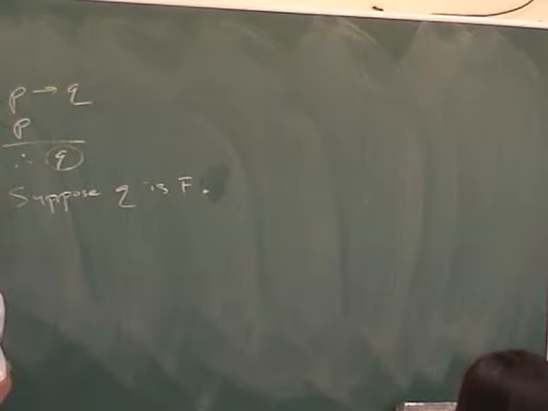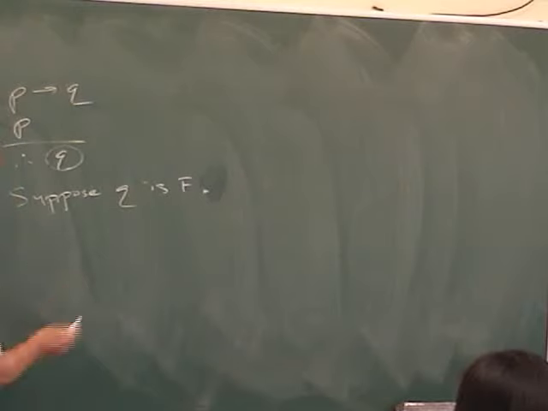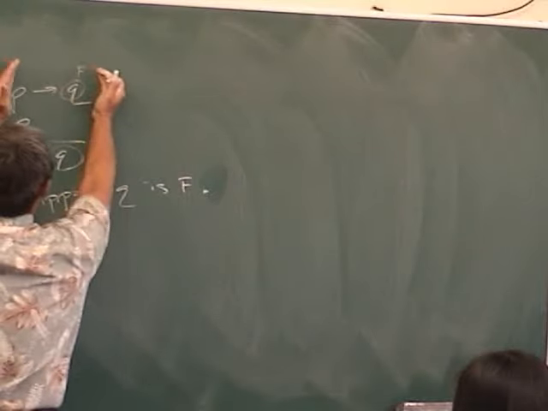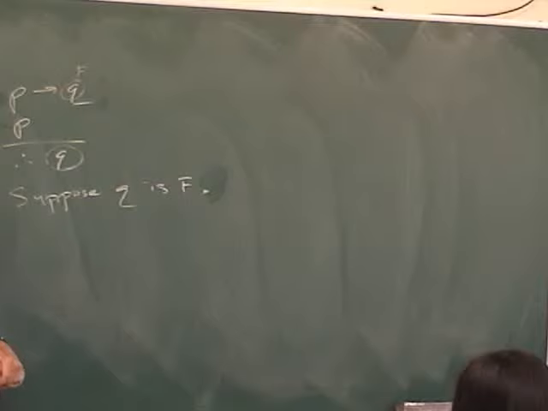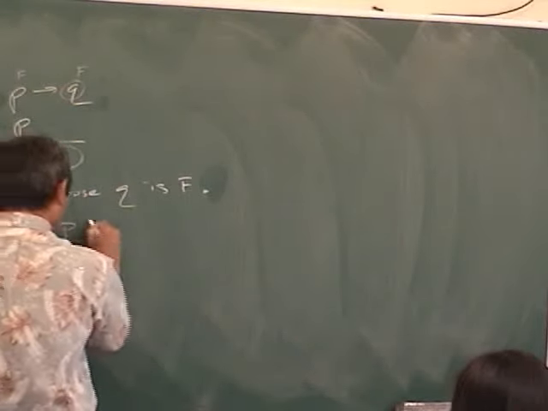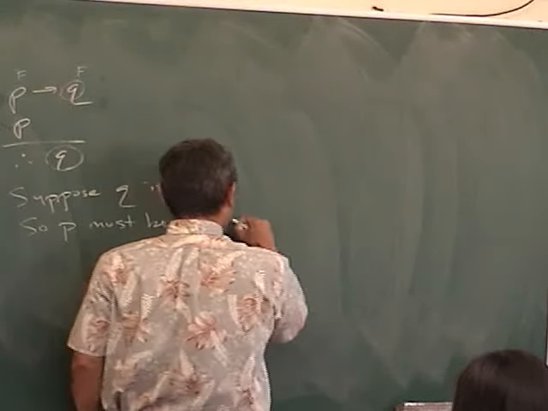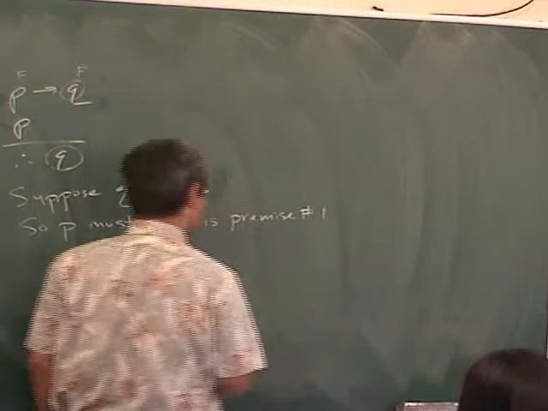So you take this back into the premises until you get a contradiction. If Q is a false statement, but this conditional statement is true, what can you say about P? P has to be false in premise number 1.